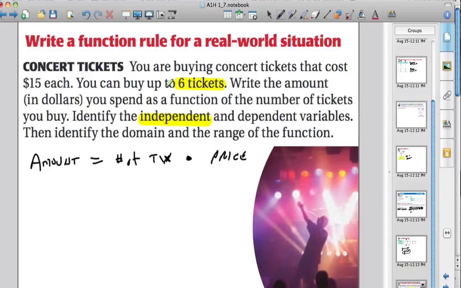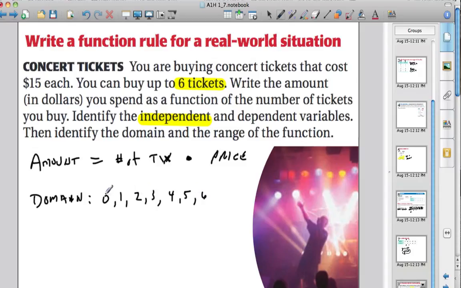It also says I can only buy up to 6 tickets. So that means my domain, and I can't buy half a ticket. So my domain is going to be 0, 1, 2, 3, 4, 5, 6.